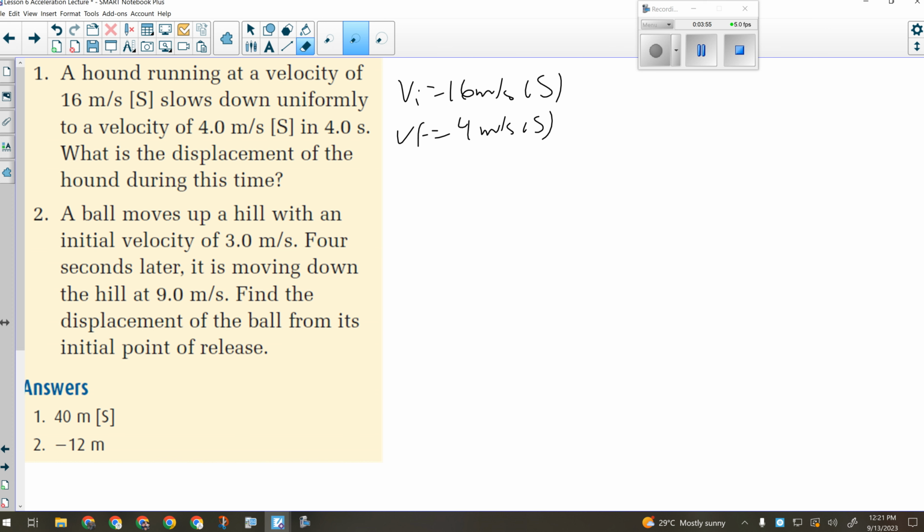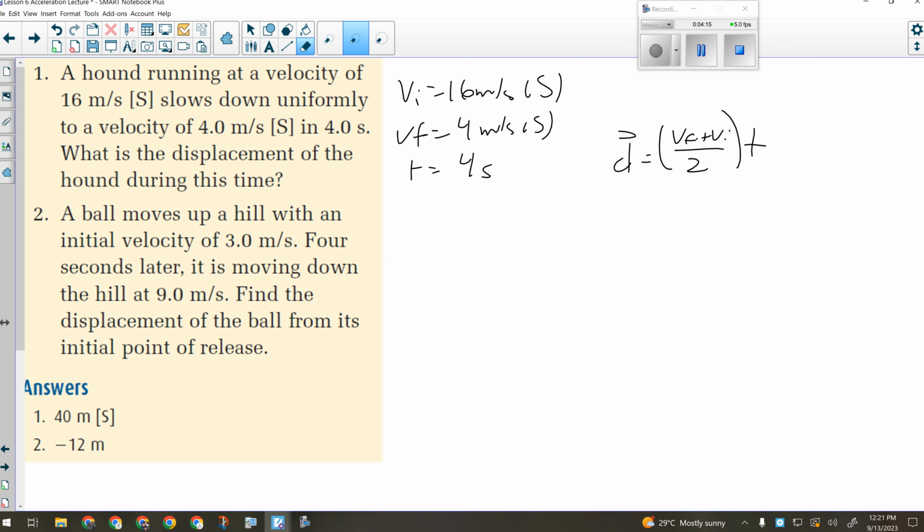And that happens in 4 seconds. Wow, everything's 4. And now we're looking for d. So d equals vf plus vi over 2 times t. That's my best formula to choose here because that's the information I have.